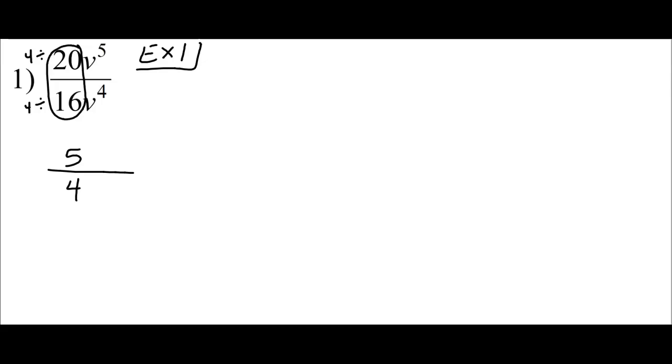Let me show you something on the side. You don't have to write this, but I'll show you. V to the 5th power means we have 5 V's being multiplied together. V to the 4th power means we have 4. Well, V divided by V is 1. Anytime you divide something by itself, it equals 1.